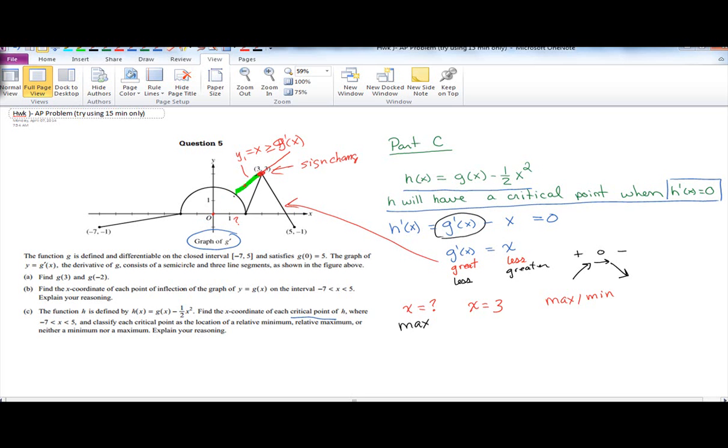So I use the Pythagorean theorem here. I know that the radius of my circle is 2. And this is an isosceles triangle because it's at 45 degrees.